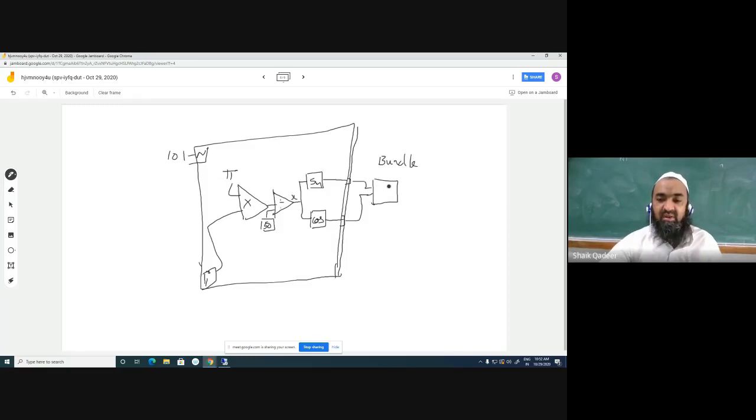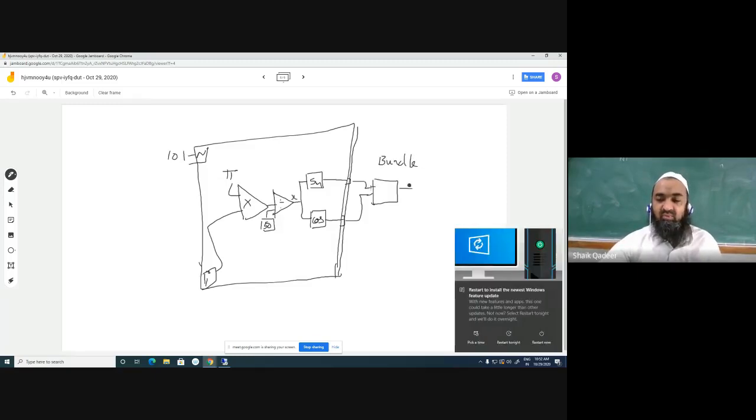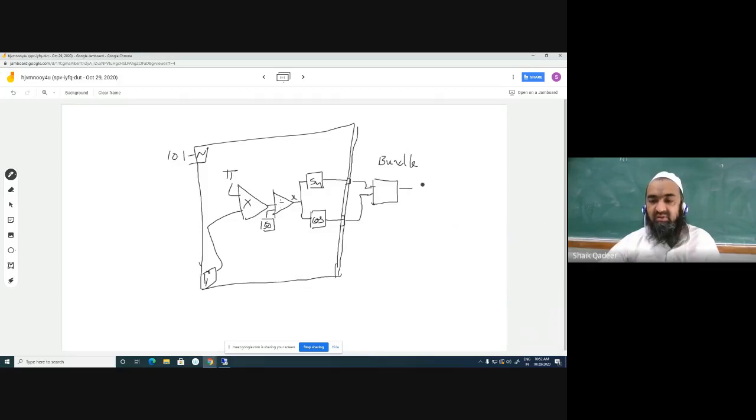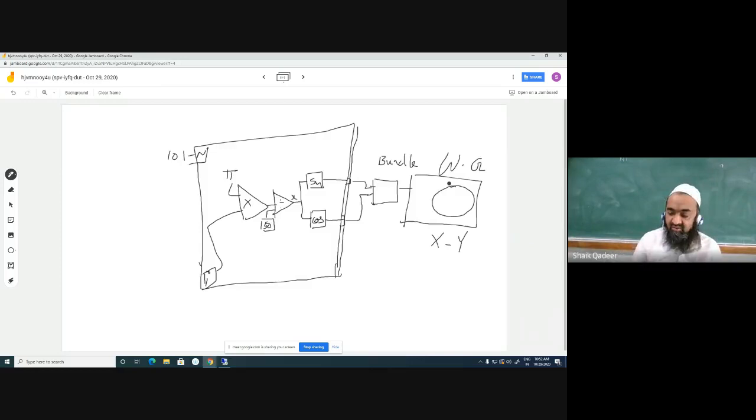So I am adding a bundle over here, and the output of this bundle you please connect to a waveform graph. Which type of waveform graph? XY waveform graph. Then you will get an impression like this circle. Please note down this.